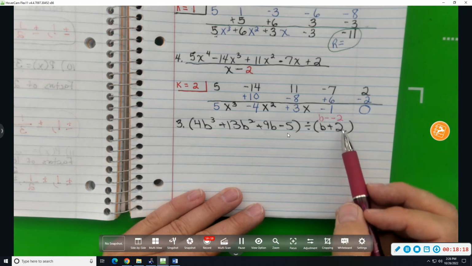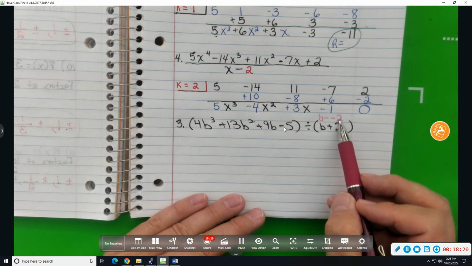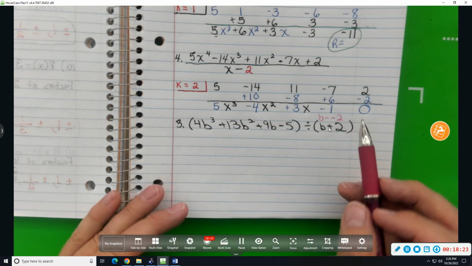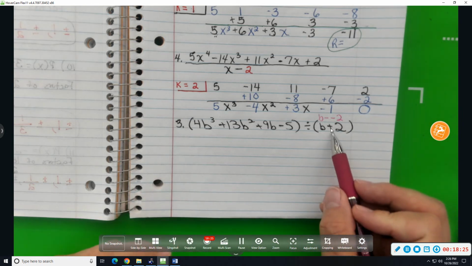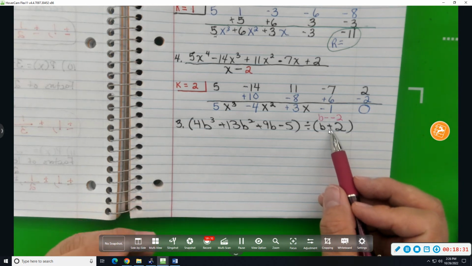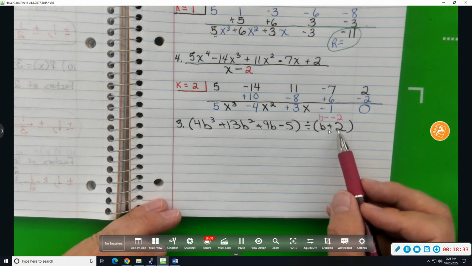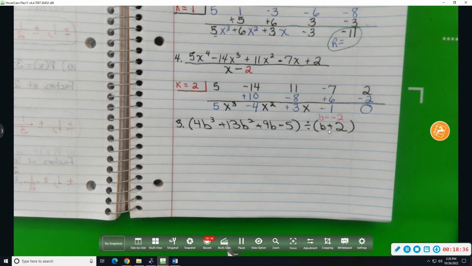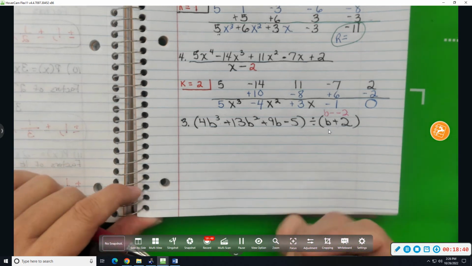So in that event, the k value is negative 2. Remember what I said: the k value is exactly the opposite of the number you see inside the parentheses. So when the divisor has a plus instead of a minus, it's no big deal. You see a plus 2, the k value will be a minus 2. So I make my little hook.